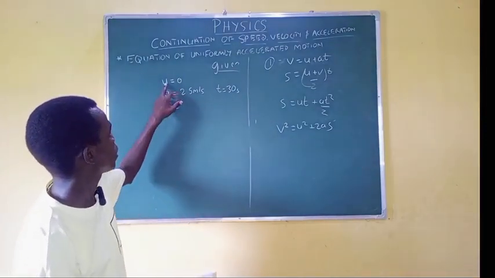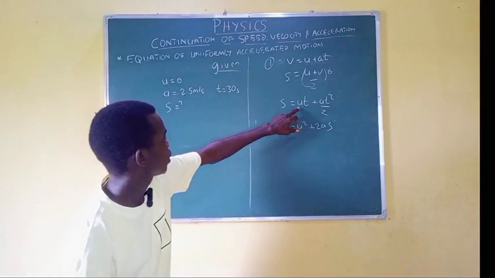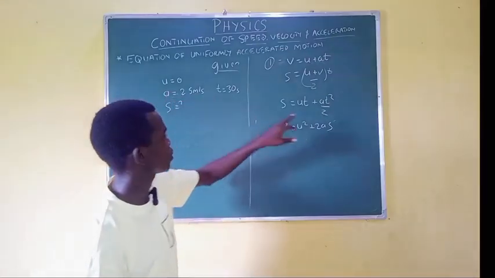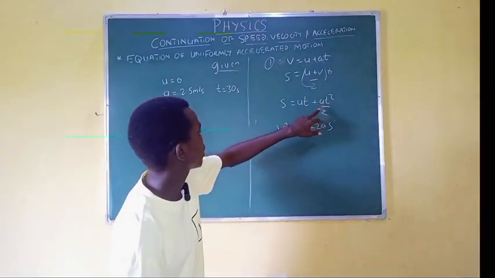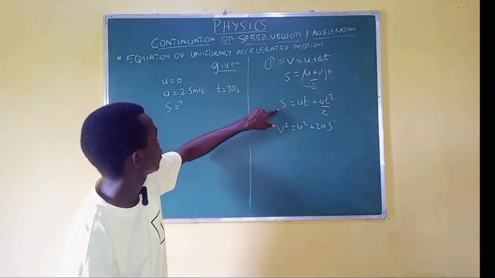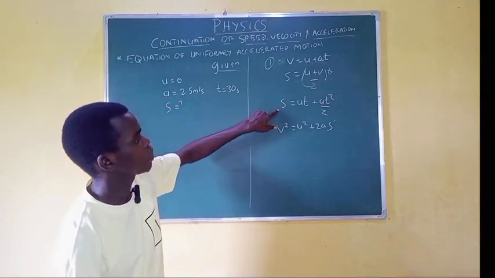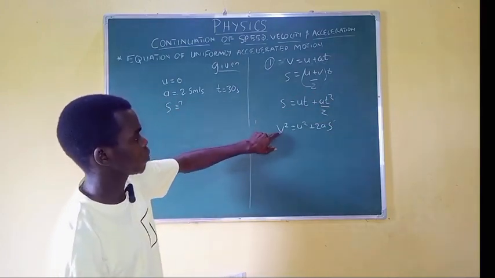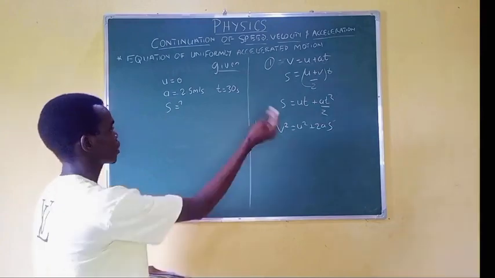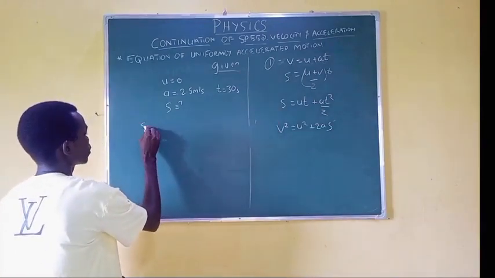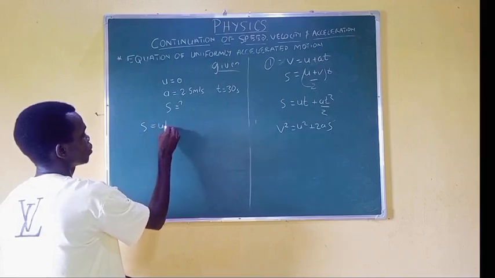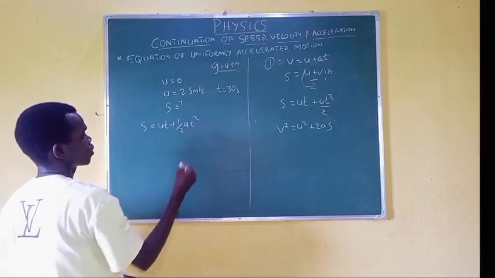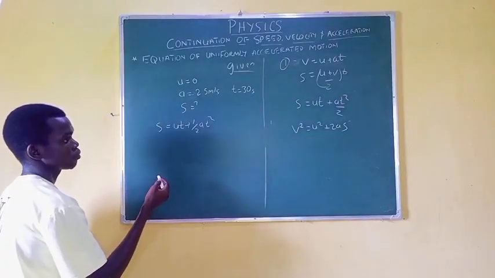Since we have initial velocity, we have time, we have acceleration, and we are asked to find S, we can use this equation. Since the final velocity V squared is not given, we can say that from that equation, S is equal to ut plus half at squared.